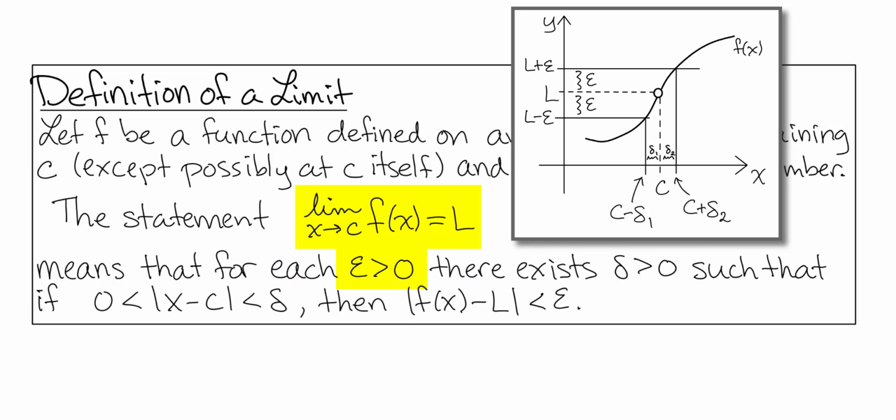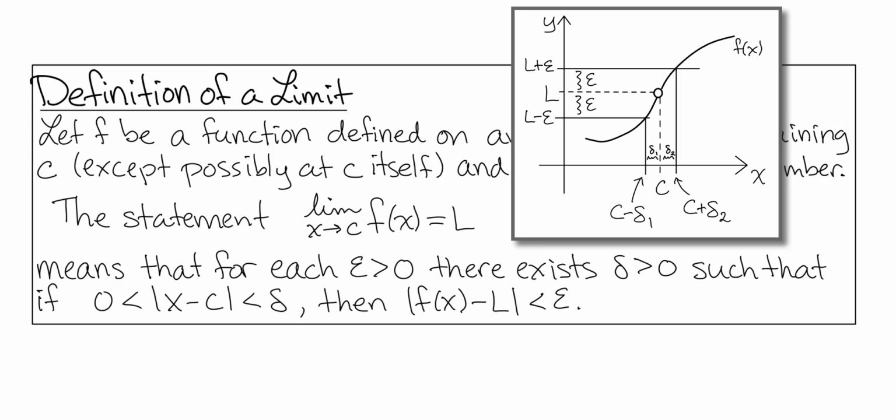So for every error in the y direction around L, there exists a delta, a distance in the x direction around c, such that if the absolute value of x minus c, that means the distance between x and c, is less than delta, so if x is within delta units of c, then the absolute value of f of x minus L, the distance between the corresponding y value and L, will be less than epsilon, less than the error given. Does this make a little bit more sense now?